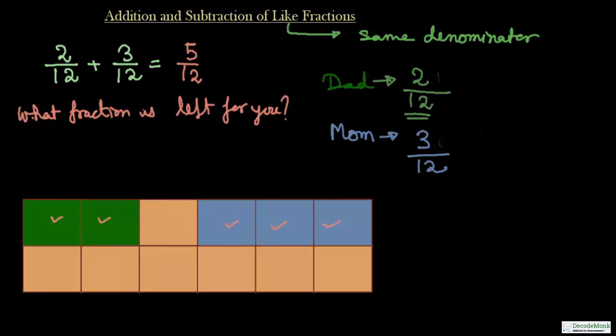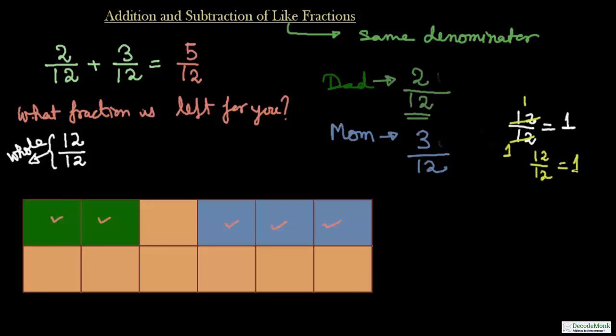We can represent this mathematically as 12 by 12 minus 5 by 12. Because we are considering the whole unit, 12 by 12 represents the whole. You can see that 12 upon 12 is equal to 1, because 12 ones are 12. So 12 upon 12 can be written as 1 whole.